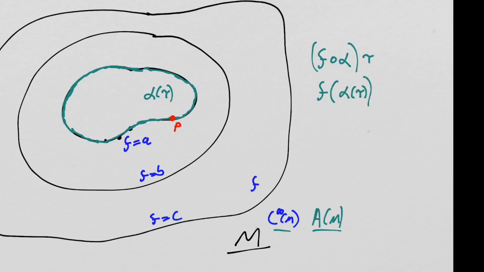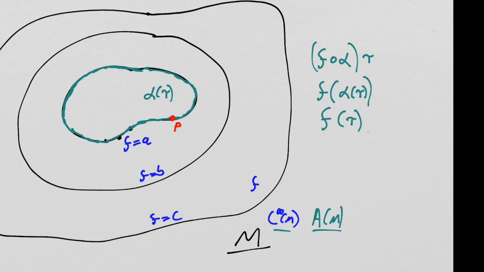And another way to write this would be to say f, which is sort of a function of tau, but remember, correctly speaking, f is a function on the manifold. So this is not a point on the manifold. Tau is a point on the real line. So f of tau doesn't make sense as written.